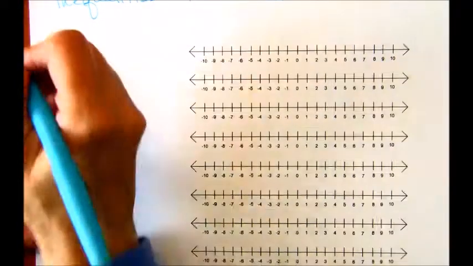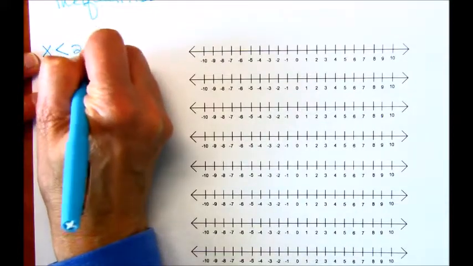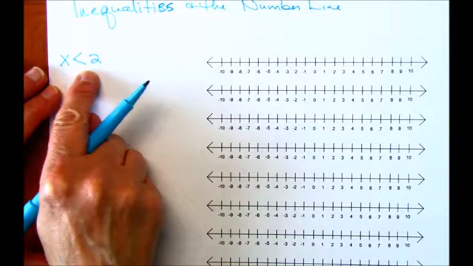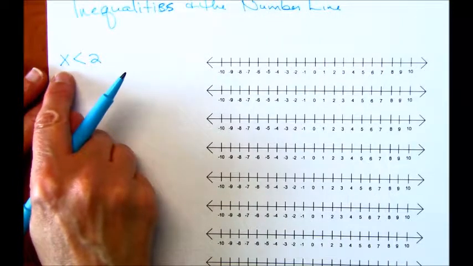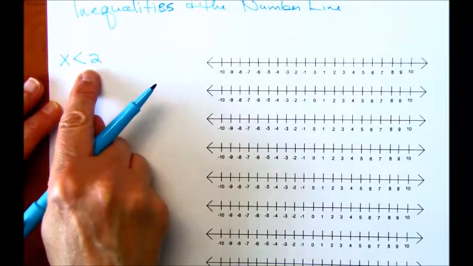So let's say that x is less than 2. That's how we would read that. X is less than 2. So this is telling us that the solution for x is any number that's less than 2.